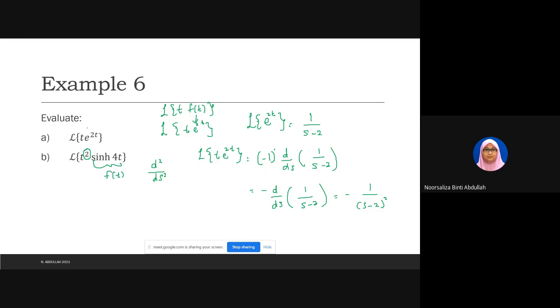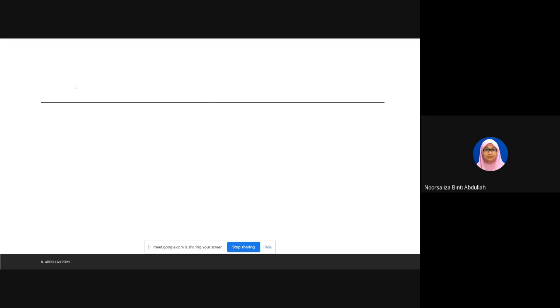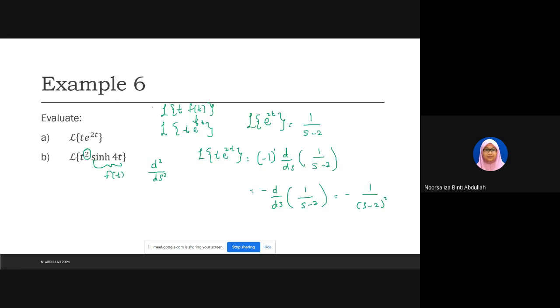Actually, you can use three methods to find this. This one is using the derivative method. This is the first method you use.